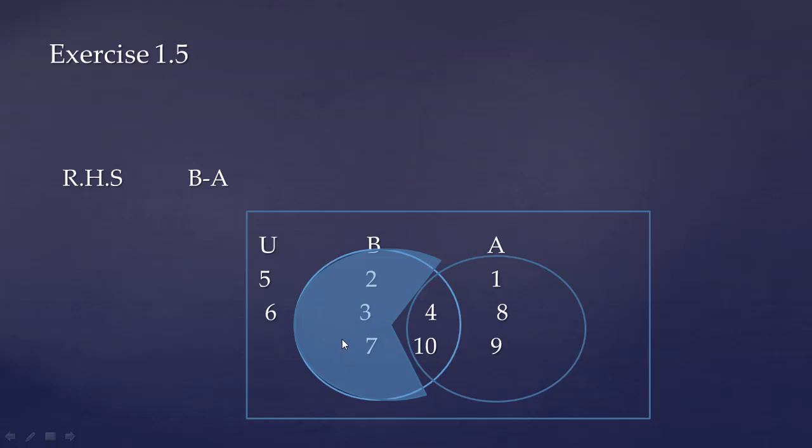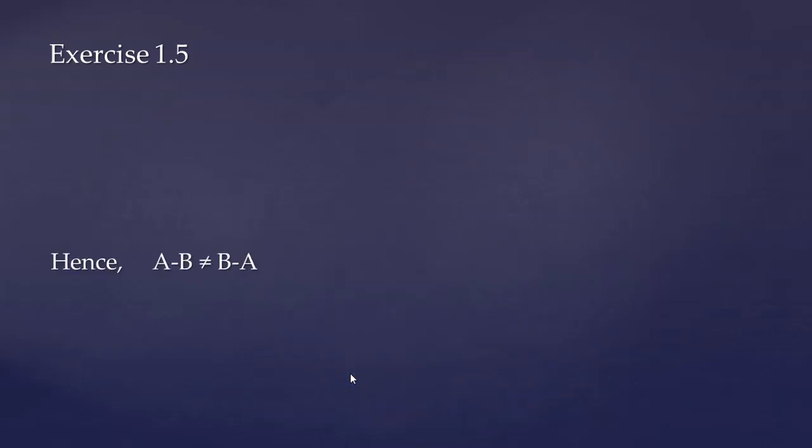We have to shade the region for B minus A. The shaded area represents B minus A. From the above figure, we can see A minus B is not equal to B minus A, because the shaded areas of both are different.